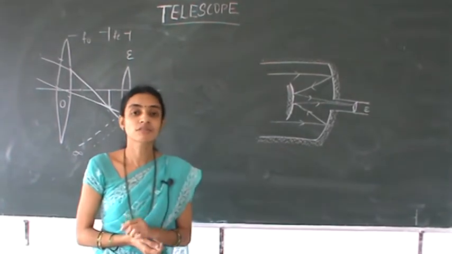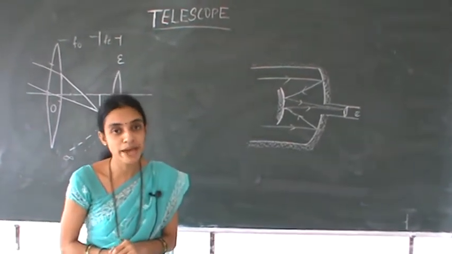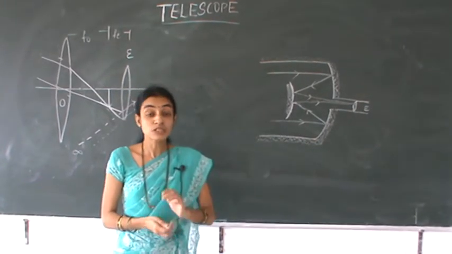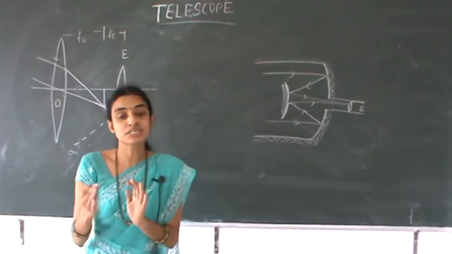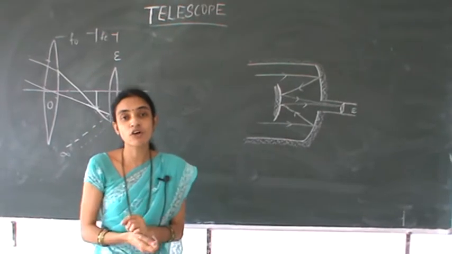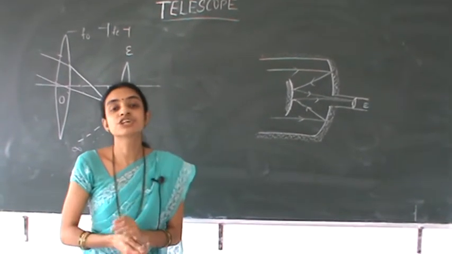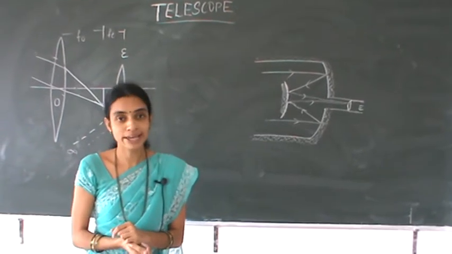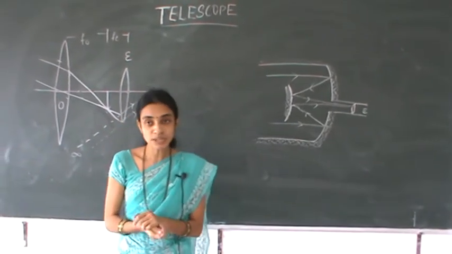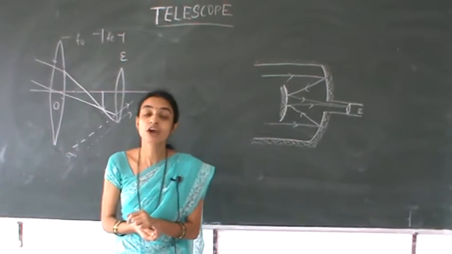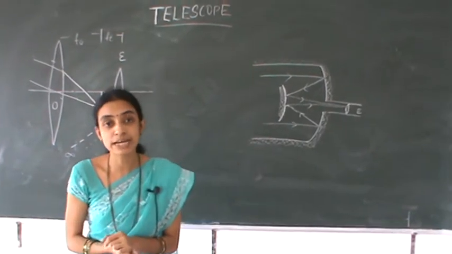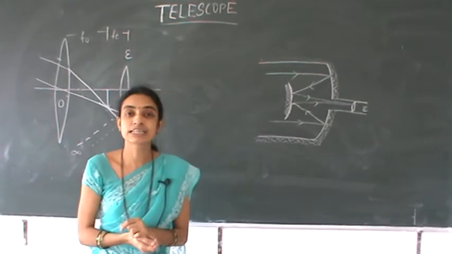Next, in order to see the details of the parts of organisms, we shift to the compound microscope. So the next concept is another important optical instrument, the telescope.